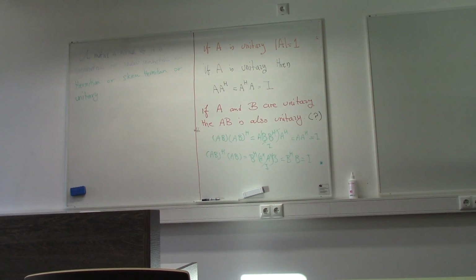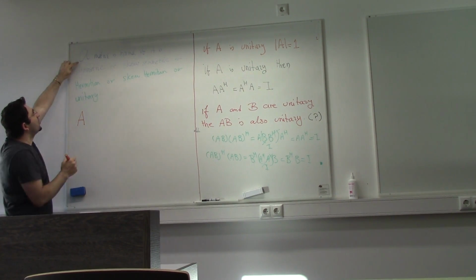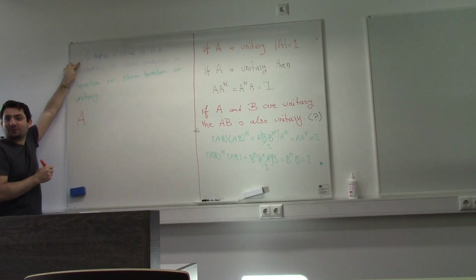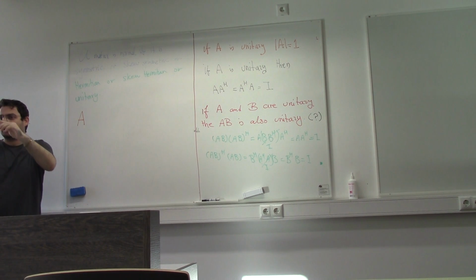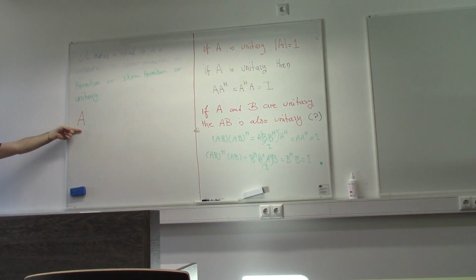If you remember, we were talking about orthonormality when we were talking about vectors. Let's see how a matrix is defined to be orthonormal. I write this A in capital, in the sense that I'm talking about matrix A.